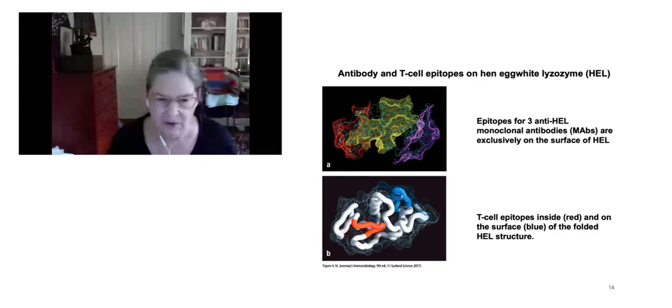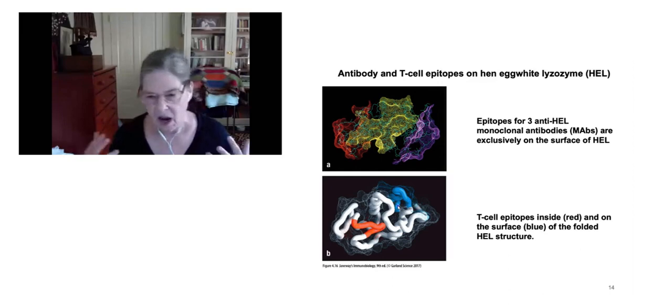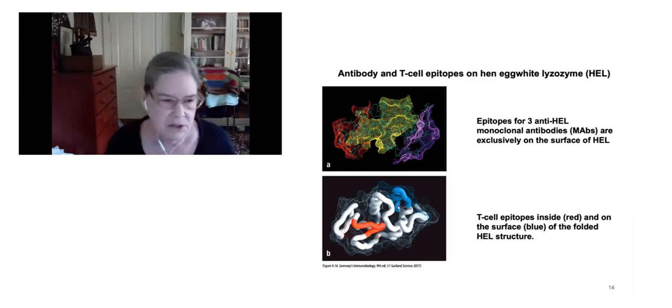Whereas T cell epitopes are protein fragments taken from within. Why? The reason these peptides, these 2 fragments here, can get onto MHC is because they have what we call anchor residues, that when they get chopped into peptide fragments allow them to bind with pretty high affinity to the MHC molecule.